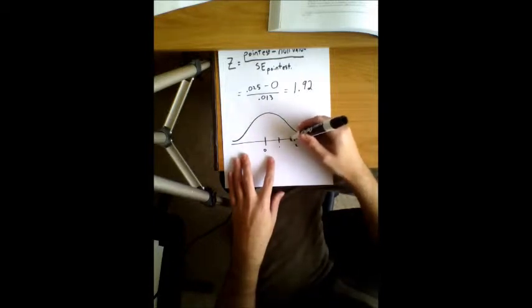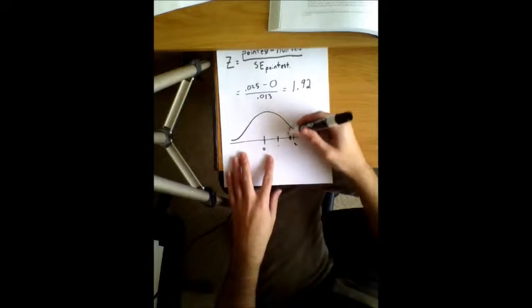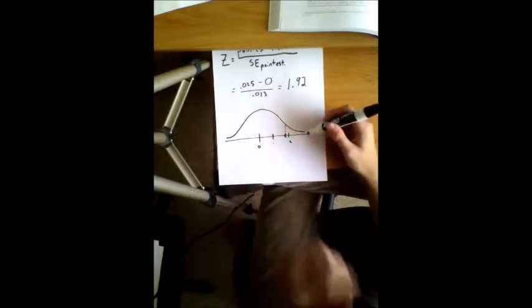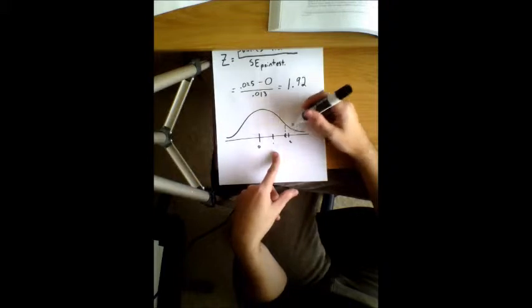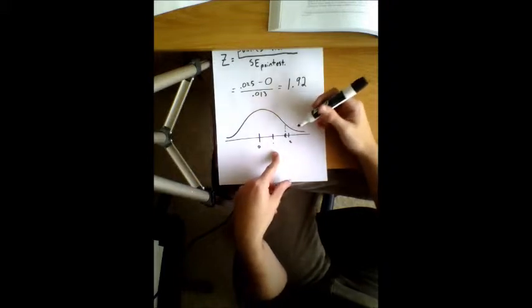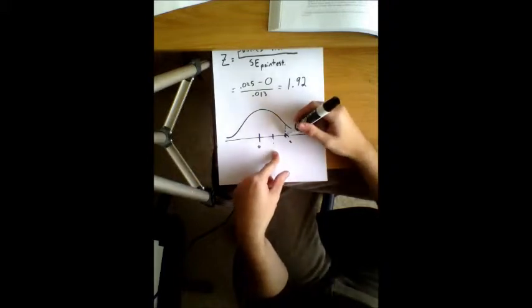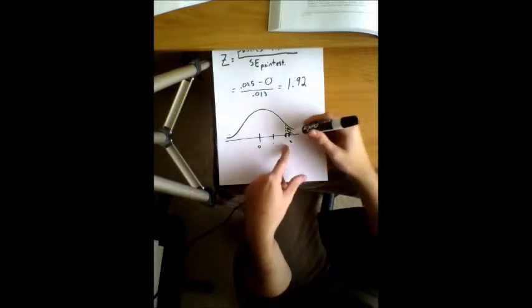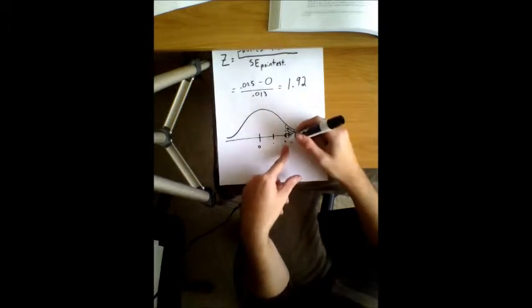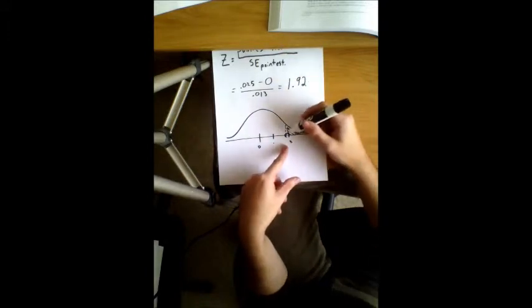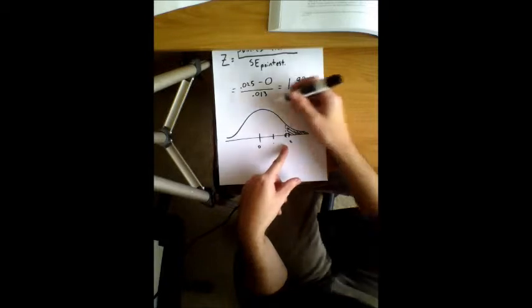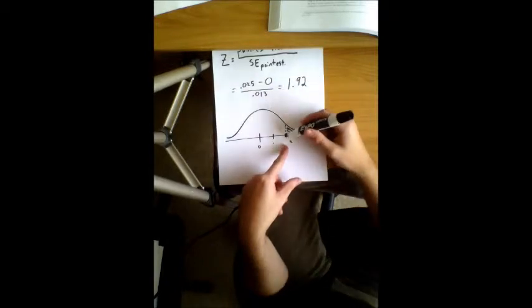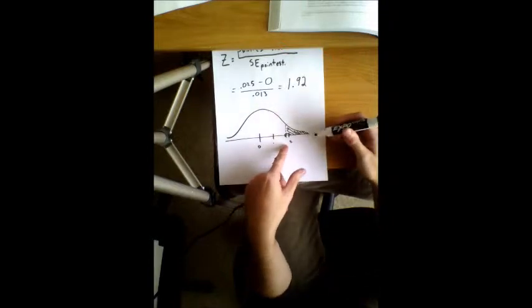So 1.92 is approximately here. The p-value is going to depend on how many tails you have. Let's focus first on a one-tailed p-value. So a one-tailed p-value is as simple as you find 1.92, and then you find the area underneath the standard normal curve that lies above 1.92.